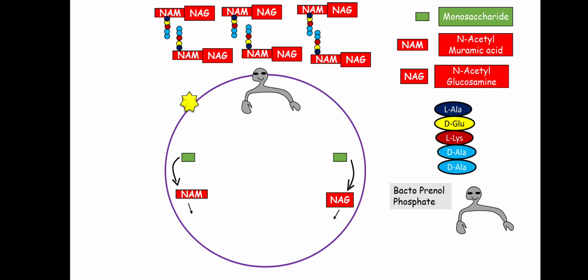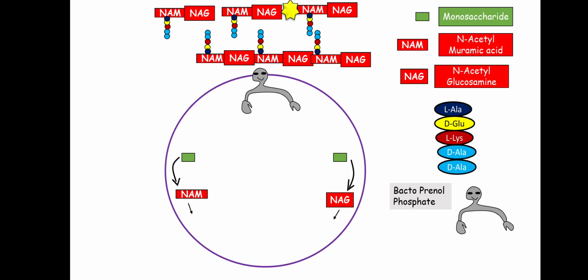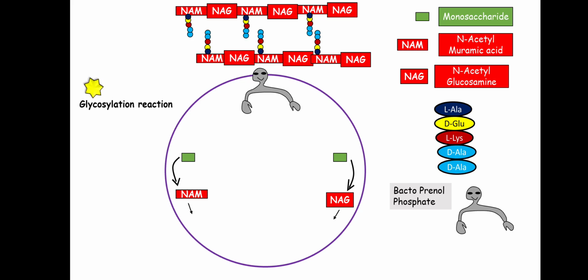So this enzyme will come, act over here and go on attaching these peptidoglycan precursors. This enzyme is producing a glycosylation reaction, so we can call it glycosylase or transglycosylase. It is attaching the sugar, making the sugar backbone.